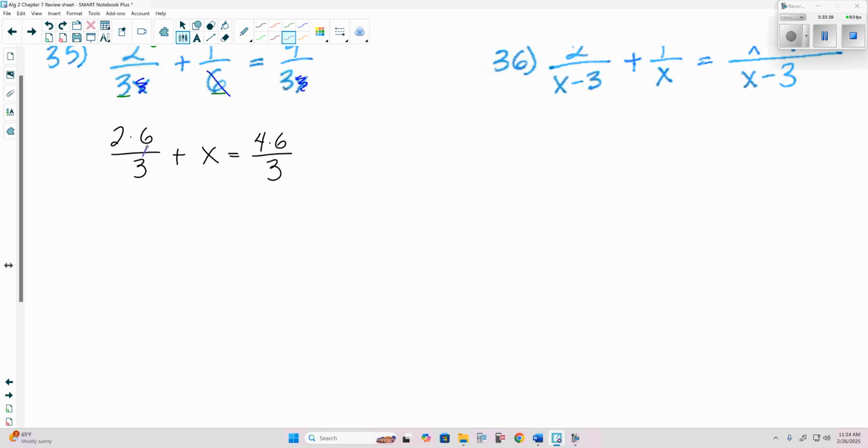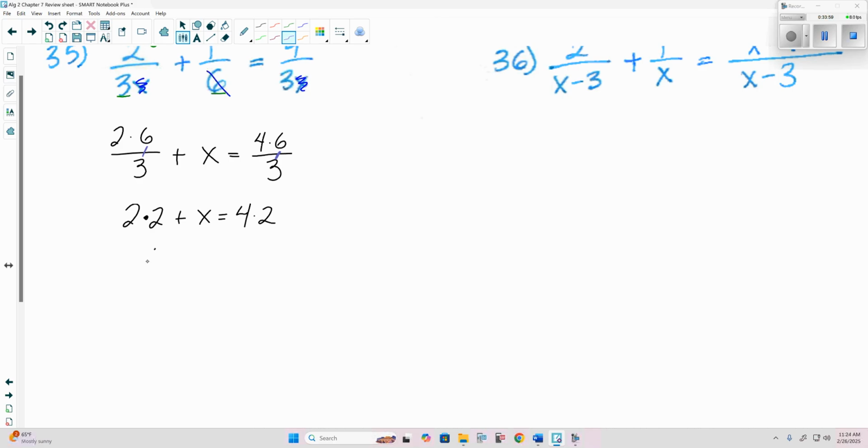Here we have 6 divided by 3, which is what? 2. So really what we have here is 2 times 2 plus x is equal to, well, again, we have 3 over 6, which is just 2.